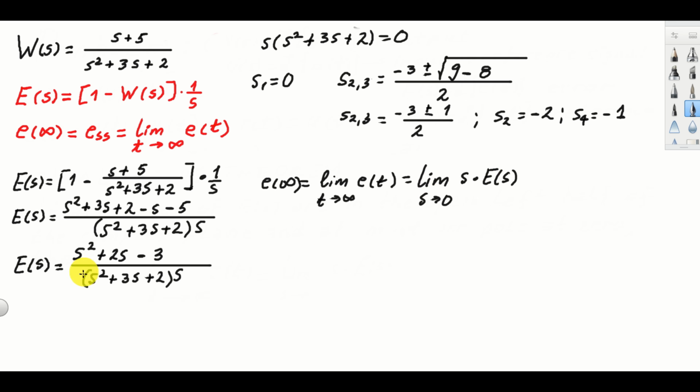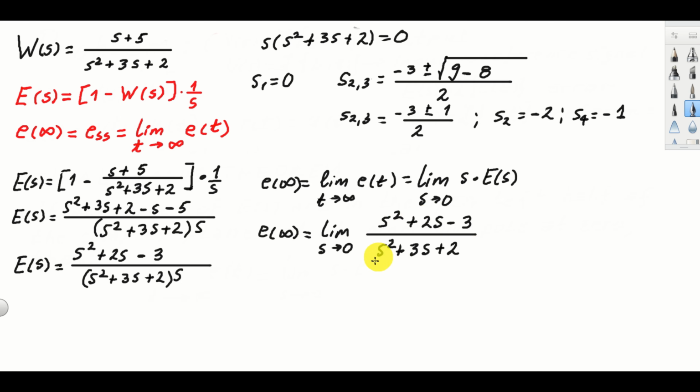If we substitute the value of E of s and multiply everything by s, we obtain that E at infinity is the limit value when s goes to 0 of (s squared plus 2s minus 3) divided by (s squared plus 3s plus 2). So we simply need to evaluate this limit value.